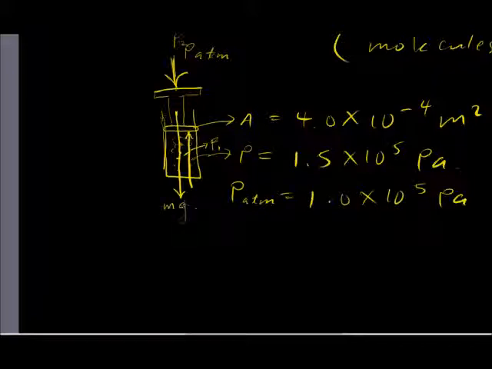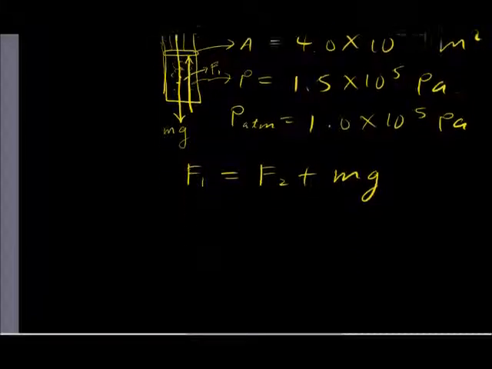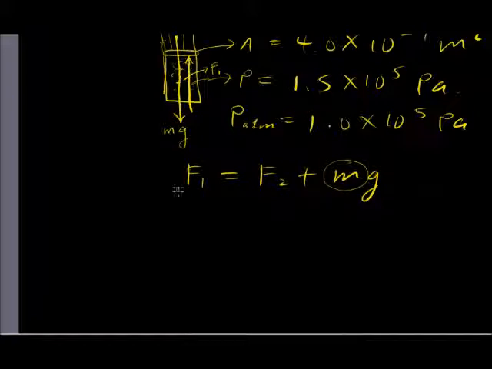The third component, due to the mass of the piston, is simply mg. If we write out the force equation, F1, the force component which points upwards, must be equal to the sum of the force components which point downwards. So F1 equals F2 plus mg, and our goal is to calculate the mass of the piston, m. So what exactly is F1?